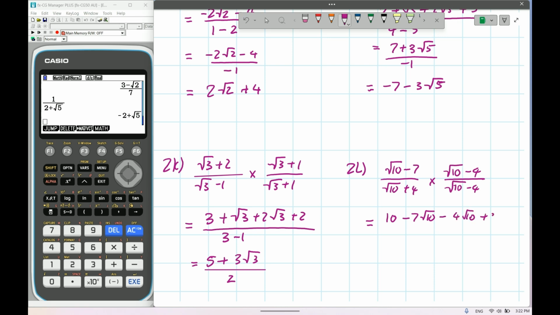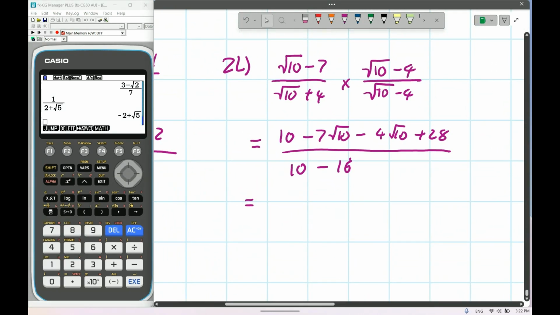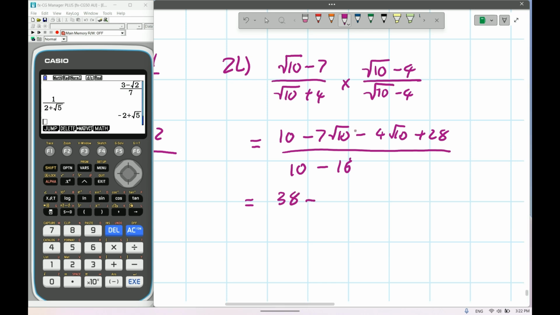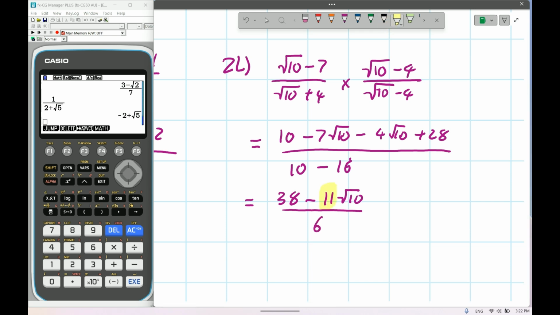All over 10 minus 16. 10 plus the 28 makes 38 minus 11 root 10 all over 10 minus 16, so that'll be minus 6. And I'm pretty sure you can't simplify this anymore, mainly because 11 is a prime number.